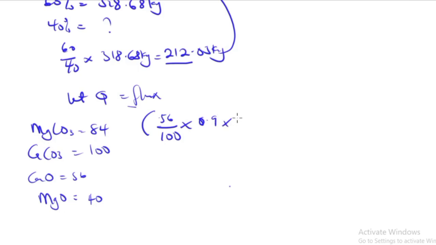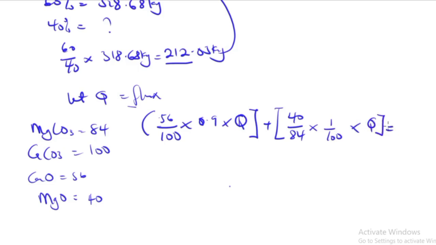Then times the flux used, Q. Then we close this bracket. Then plus, we open another bracket. We go to the magnesium carbonate: mass of unknown, which is 40, over mass of known, which is 84, then times the percentage of the magnesium carbonate, which is 1 over 100, then times the flux used, Q, is equal to the total we found, 40%.